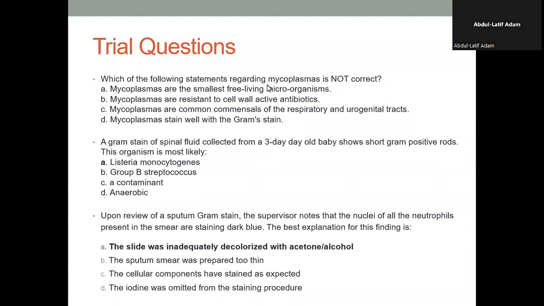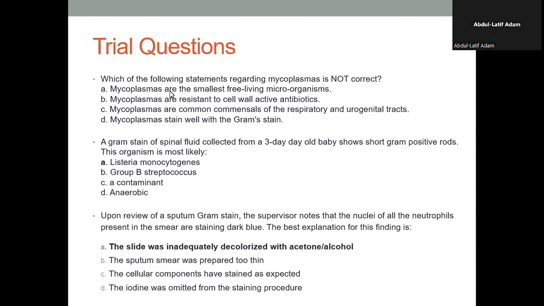All right. So, which of the following statements regarding mycoplasmas is not correct? Remember, I've told you that mycoplasmas belong to the group of organisms that are said to be cell wall deficient. All right. So let's see how the questions go.